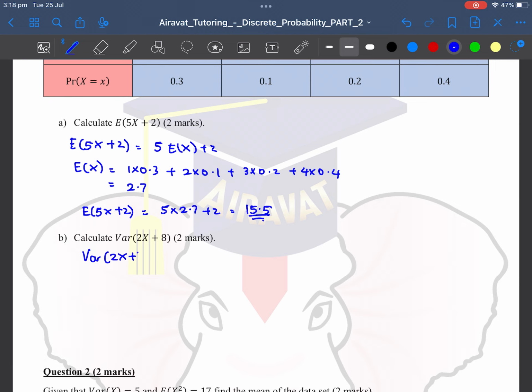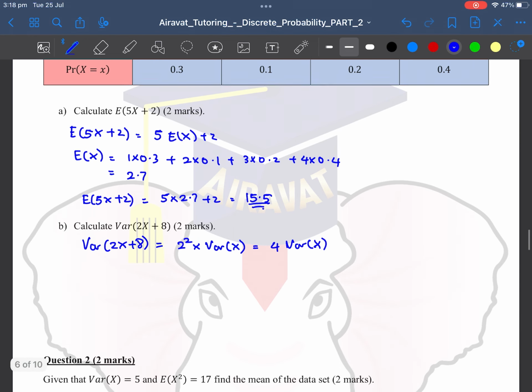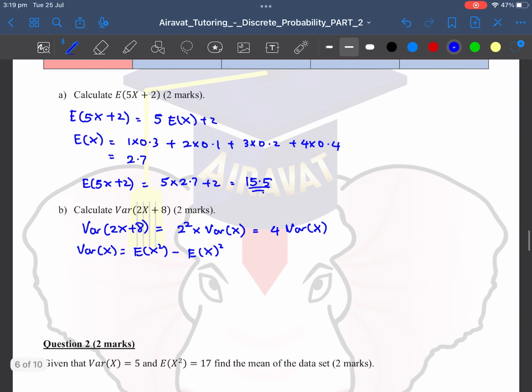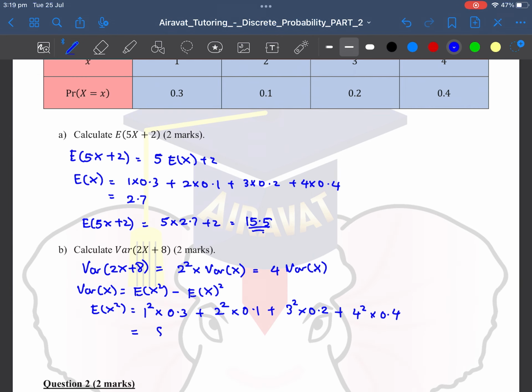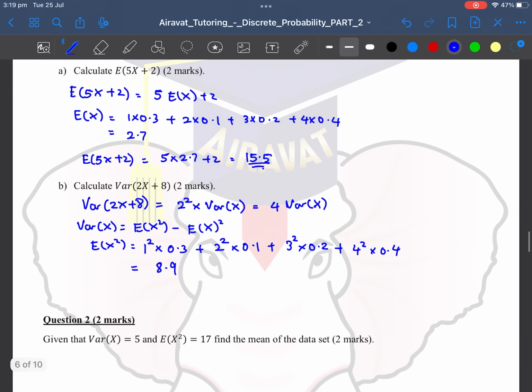So variance of 2X plus 8 equals 2 squared times variance of X, which is equal to 4 times variance of X. Now let's calculate the variance of X. So variance of X is equal to E of X squared minus the mean squared. How do I calculate E of X squared? Well, you should all know by now, which is going to give you 8.9.